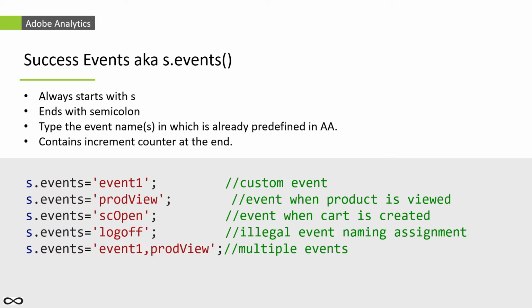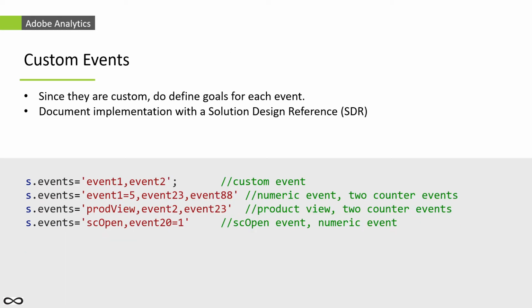It would be considered illegal because it is not registered within the configuration of Adobe Analytics. You can define custom events in multiple ways, like event1, event2, which means you can trigger two events at a time. Similarly, you can have a combination of predefined as well as custom events, as I have written s.events equals prodView, event2, event23. And all the custom events are numeric events.